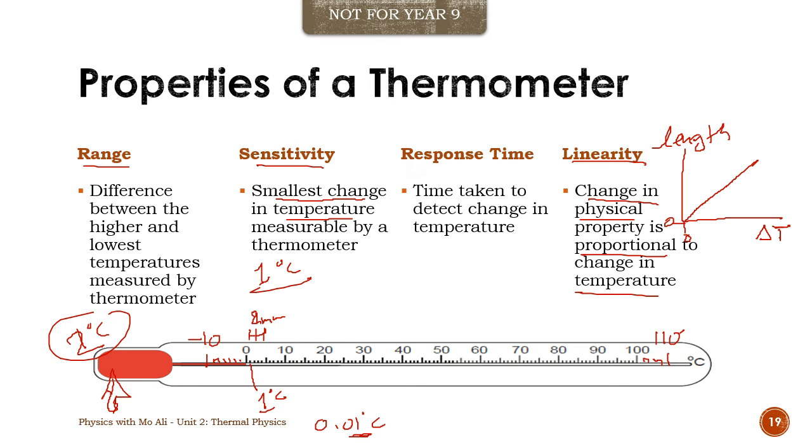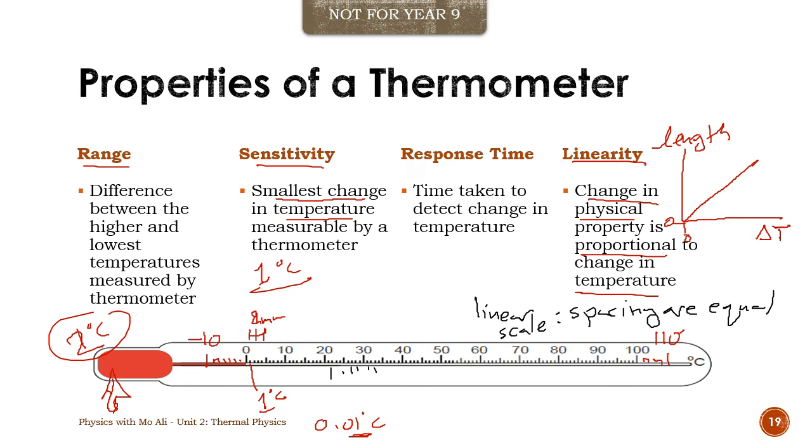Now, there's a big difference. If he asks you a question, there's a big difference between what is linearity and what the term linear scale means. Linear scale simply means that the spaces between the molecules are equal. Like it's an equally divided scale.